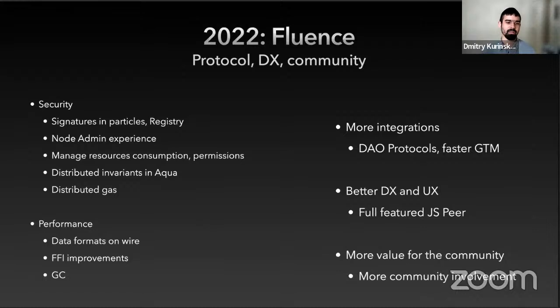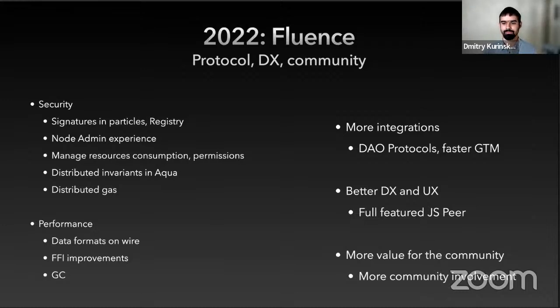And to protect from amplification attack, we want to introduce distributed gas, which is a part of Aqua VM actually, but it relates to security. Then we have many performance updates, garbage collection, foreign function interface improvements, data formats, serialization, deserialization. There's a lot of things which are made not absolutely optimal and can be done better.